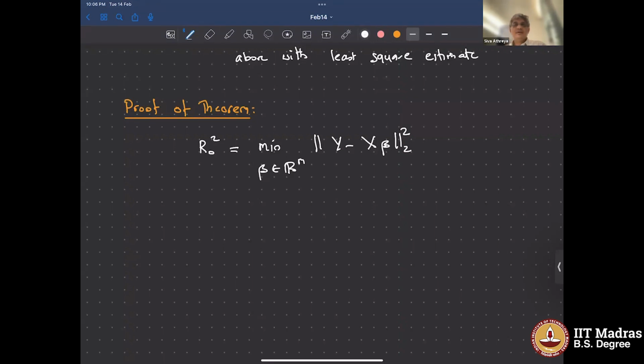Then what I'll do is show that the minimum of R0 happens exactly at beta hat, where beta hat solves the normal equation.